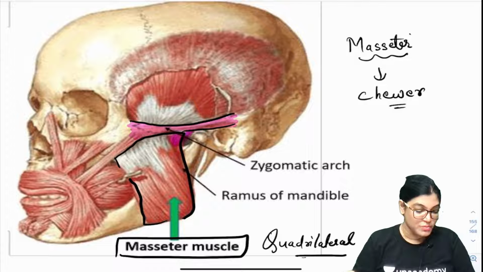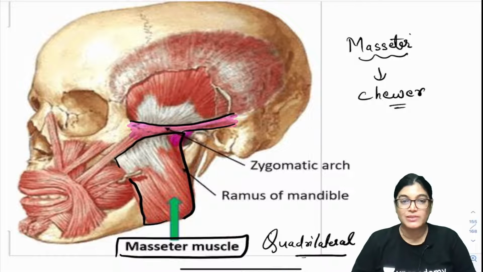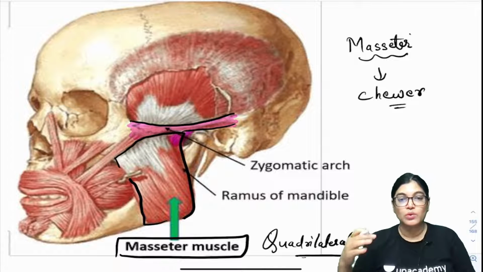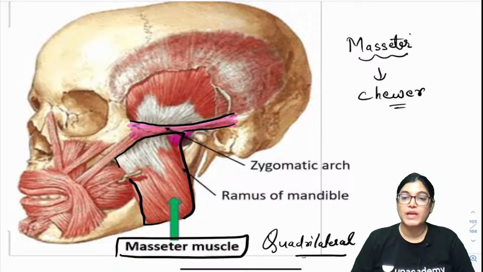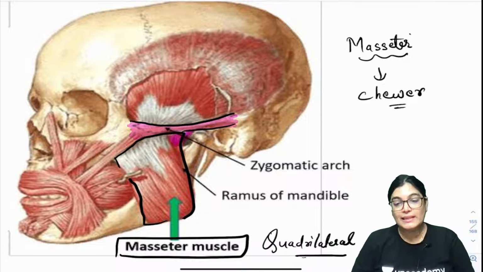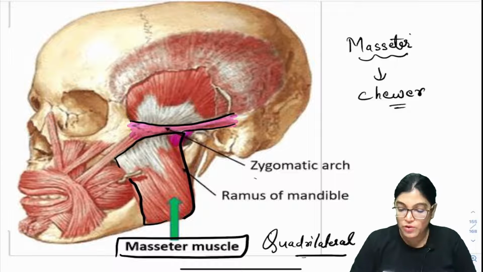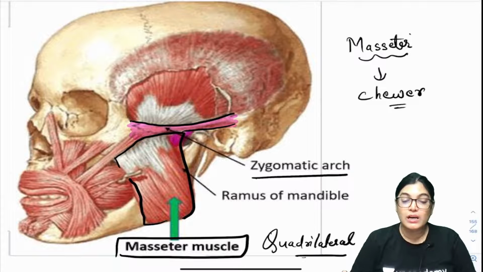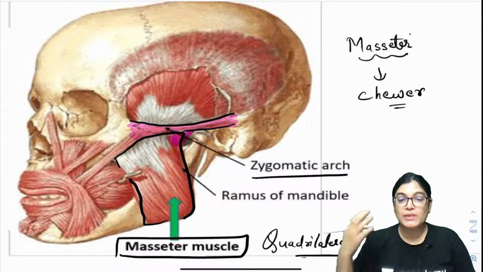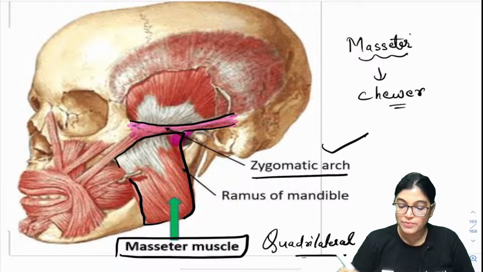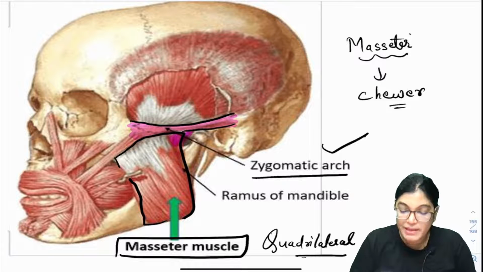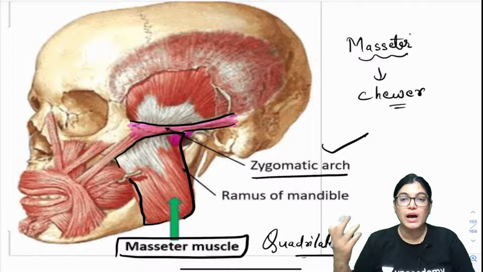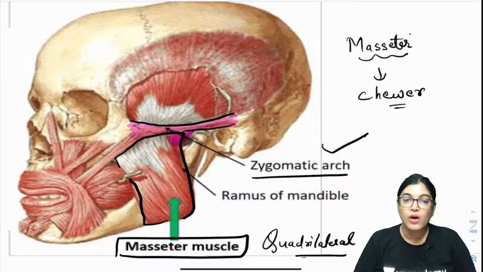If you don't remember so much detail, you can just say zygomatic bone, that is also enough. But if you want more detail, superficial fibers are from the maxillary process of zygomatic bone and from the anterior 2/3 of the inferior border of zygomatic arch. The deeper fibers are from the deeper aspect of the zygomatic bone, and the middle fibers are from the lower aspect of the zygomatic bone, but from the posterior aspect, not the anterior aspect. So this is the whole origin part.